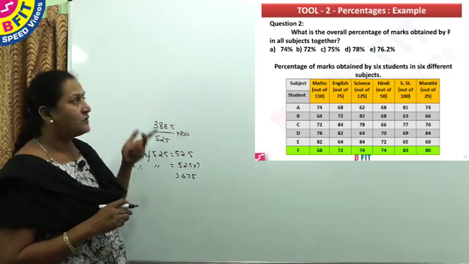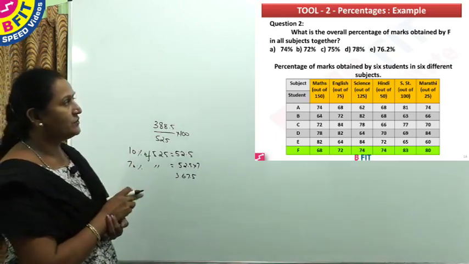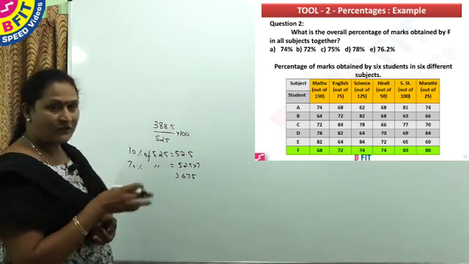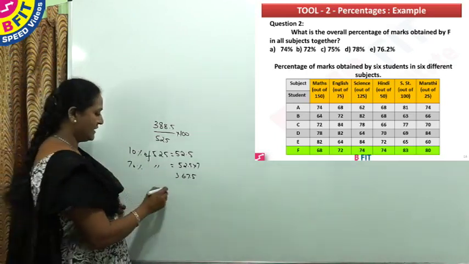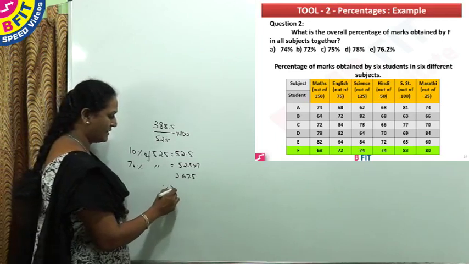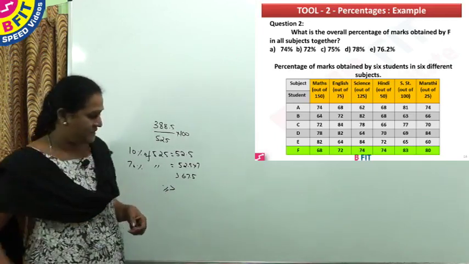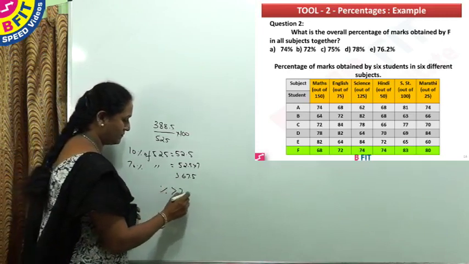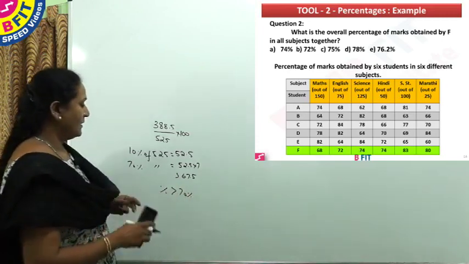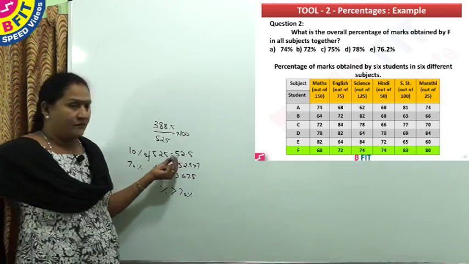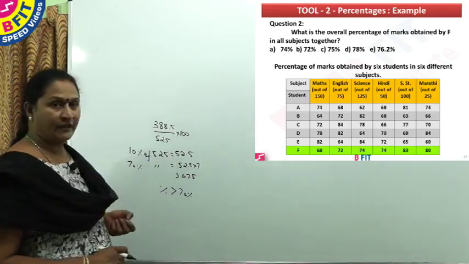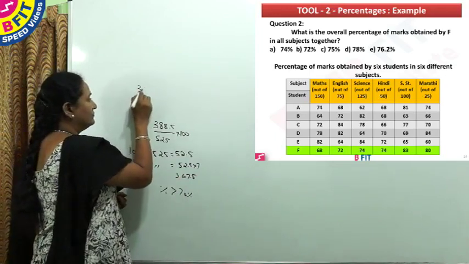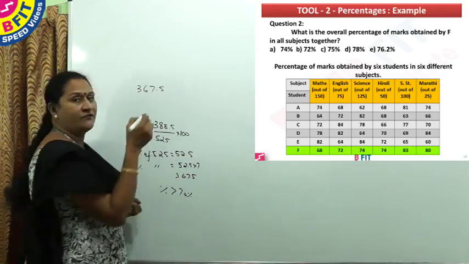Now we can choose from the options. Which option will we choose? We have all the options more than 70, so we have to work out a little. The required percentage is more than 70%. We have seen that 10% is 52.5, so we can add 5% to get the value and check which option we can choose.